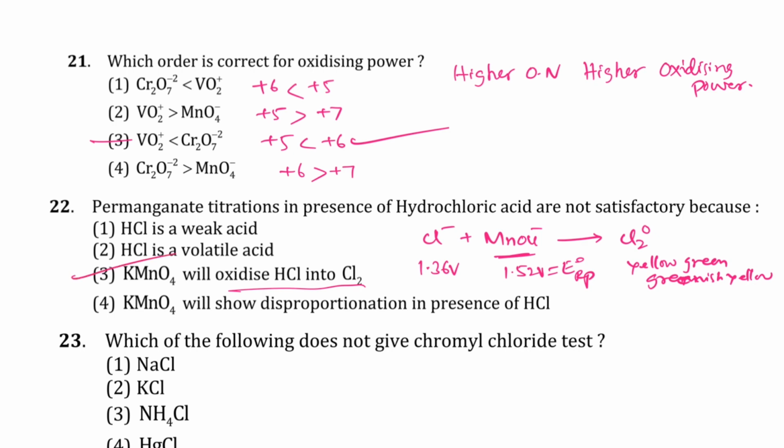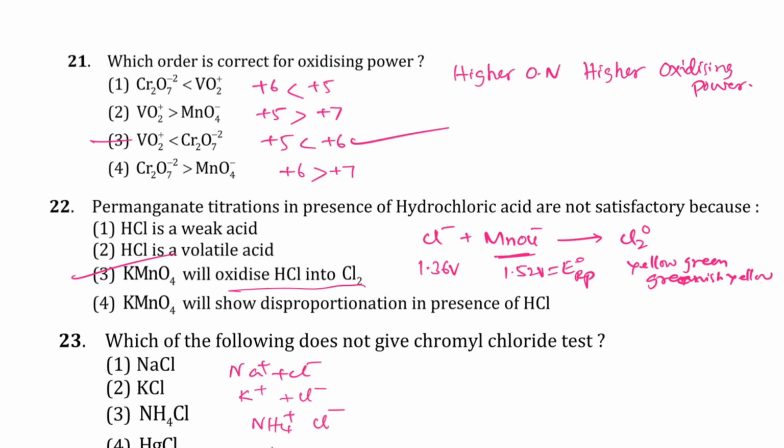Which of the following does not give the chromyl chloride test? These are generally ionic forms, so you will get Na plus Cl minus, K plus Cl minus, NH4 plus Cl minus.